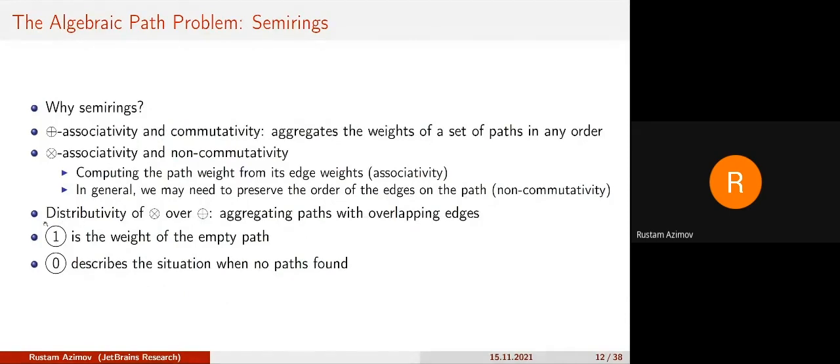And also about the semantics of distributivity of the multiplication operation over addition. Here it's more about optimization of computations, because this distributivity helps when we are aggregating paths with overlapping edges.